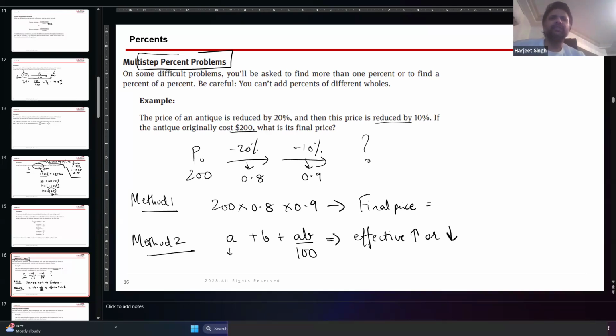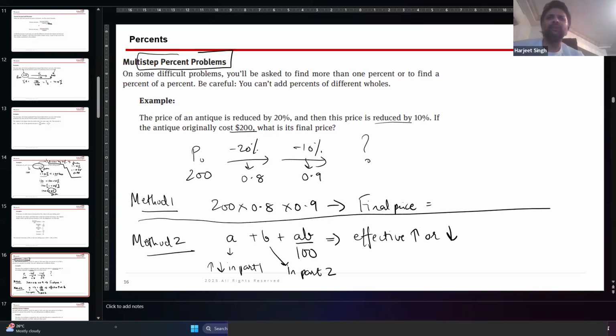This is the increase or decrease in part 1, this is for part 2, and this is the compounding. This gives us the effective increase or decrease.